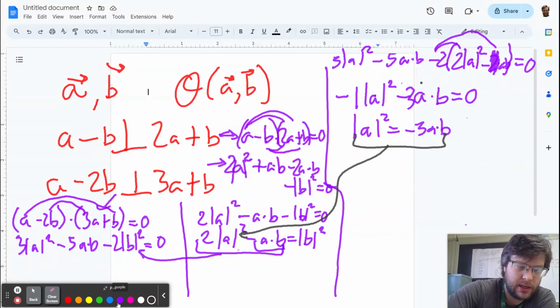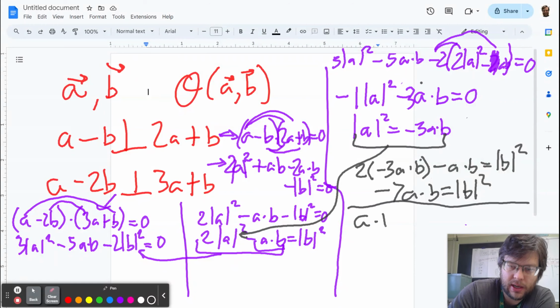And we also know from our geometric definition at the beginning that A dot B is magnitude A times magnitude B times cosine theta.